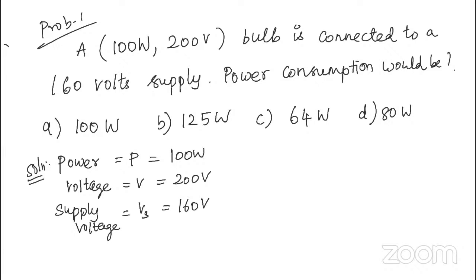What formula do we use for that? We can choose P is equal to V square by R and calculate the R value. From the R value we calculate the power consumption.